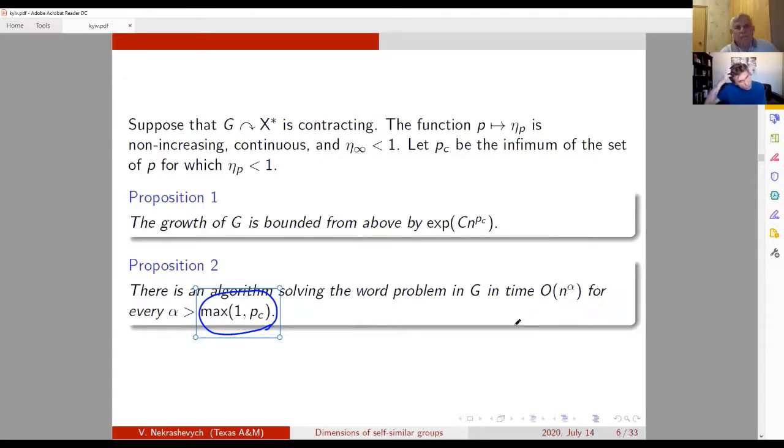It would also be interesting to understand if this number is related to the Dehn function. Of course, these groups are usually infinitely presented, but there are some canonical finitely presented groups associated with them. And then the question may be: the Dehn function is the maximum of 2 and p_c, or something like that. I don't know exactly. Maybe 2 plus p_c. That's an interesting problem to consider.